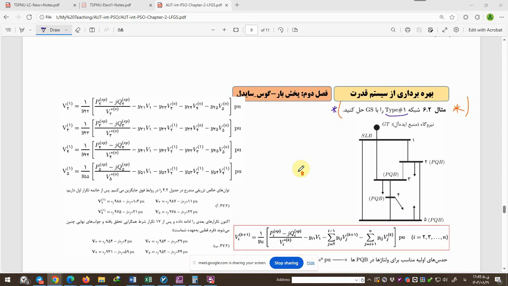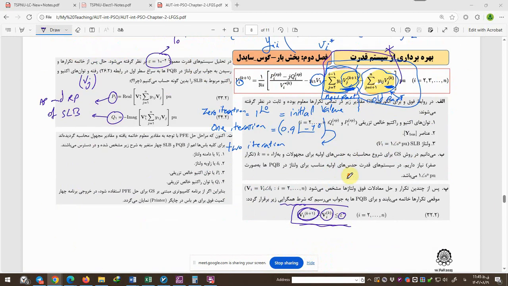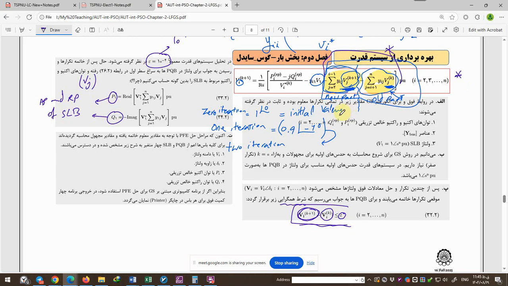Let's review the last session regarding the load flow equation and the Gauss-Seidel method. The last equation is this one.